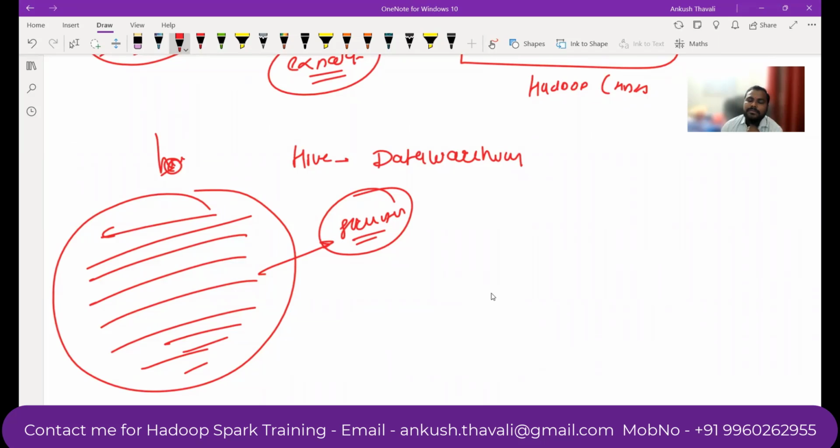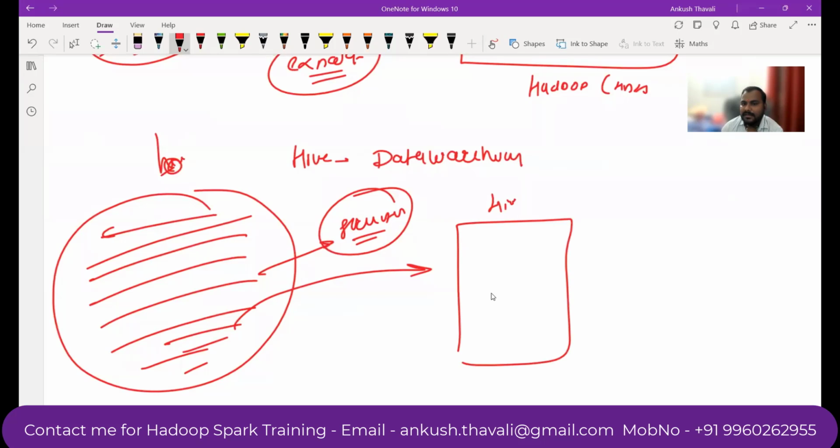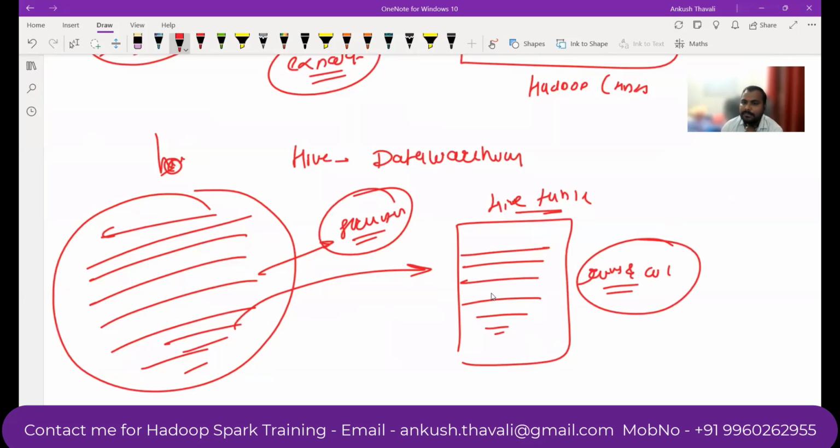So what I will do, I will move this data to my Hive tables. It's possible. When it is part of your Hive table, it is in the form of rows and columns. Now what I can do on this Hive table is run my SQL queries.